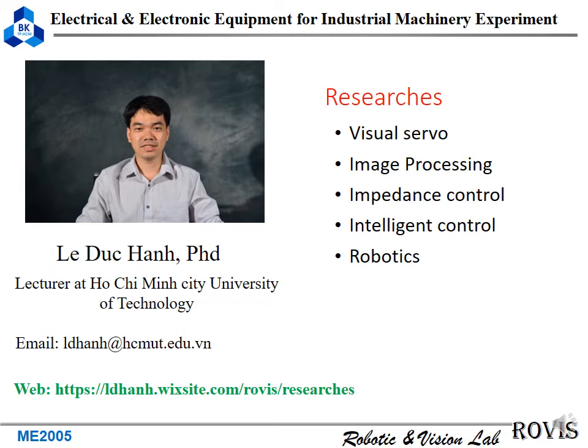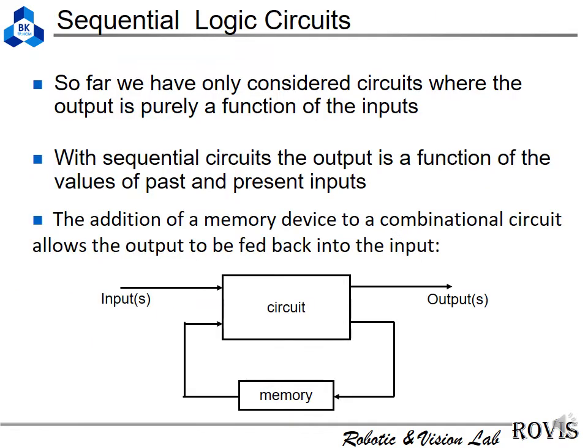Okay, welcome to part 4 of the digital system design module of electrical and electronic equipment for industrial machinery experiment courses. In part 4, we will study sequential logic circuits.